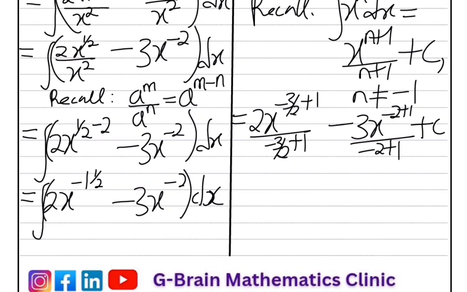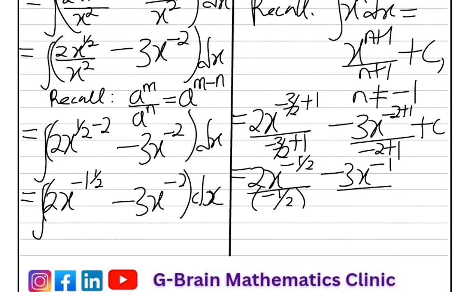So this is going to be equal to, what do we have here? 2x raised to the power of what? Minus 3 over 2 plus 1. That is minus 1.5 plus 1, and that's minus half, divided by minus half. Then we have minus 3x raised to the power of what? Minus 2 plus 1, that is minus 1, then divided by minus 2 plus 1, that's minus 1, then plus c.